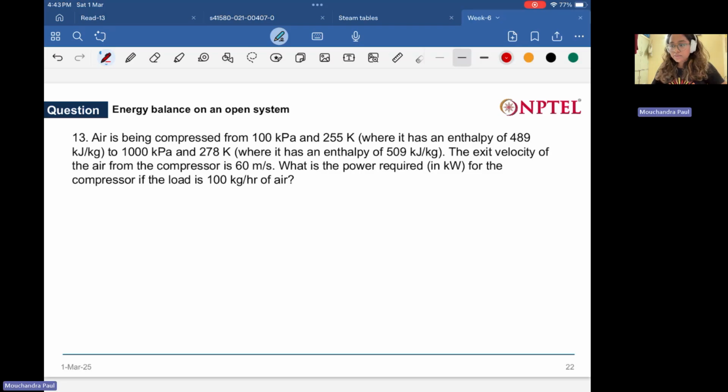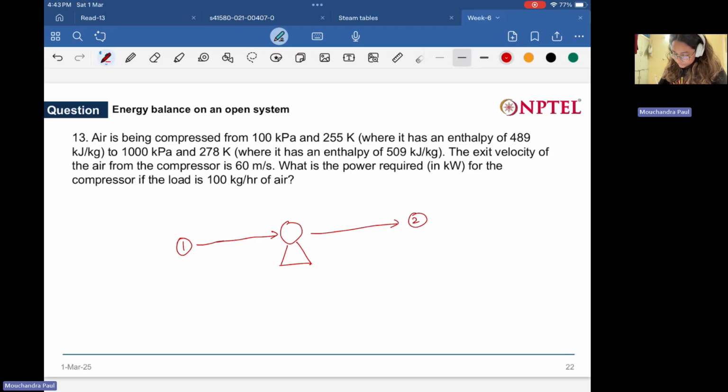So air is being compressed from 100 kilopascal. So this is, let's say, an air compressor. Air is entering and air is going out. This is the state of the air. Let's consider state 1 and state 2.